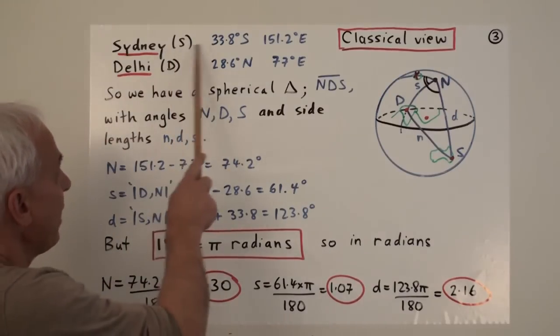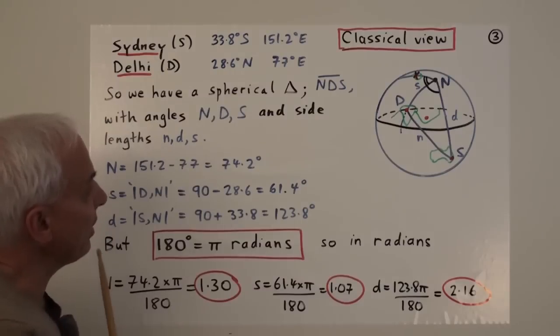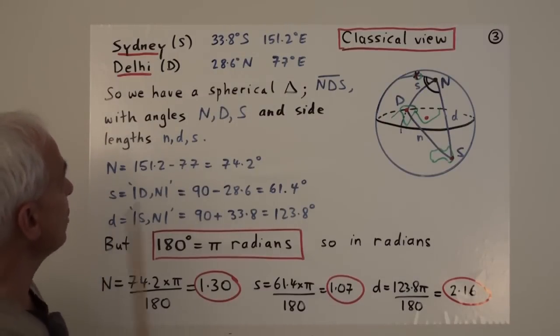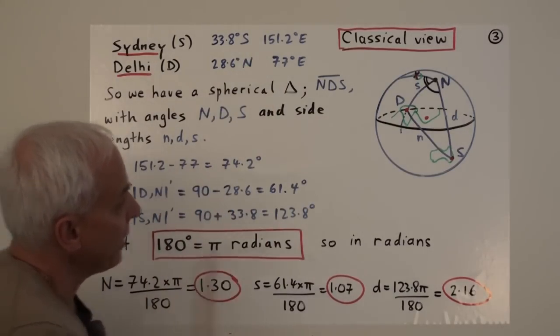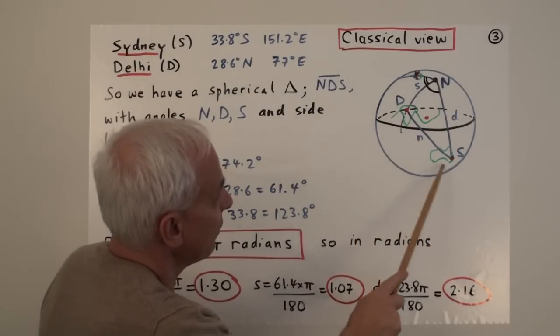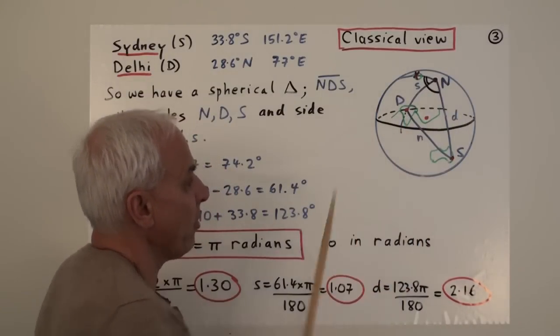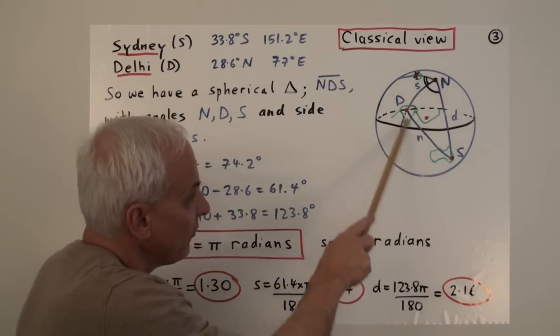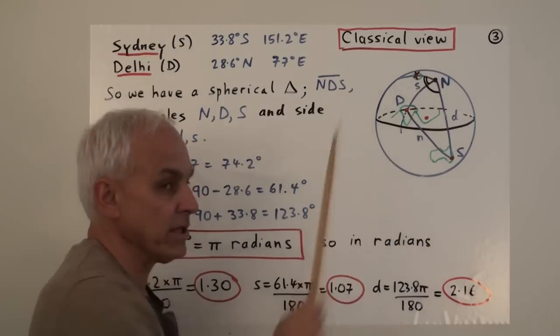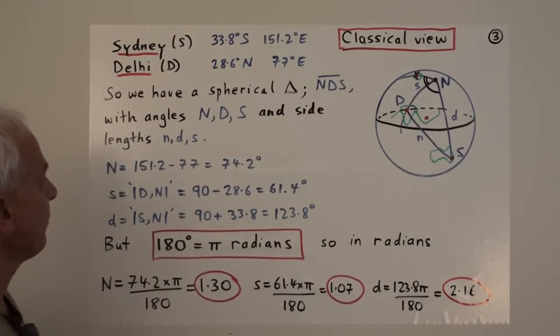So here is Sydney again. Here are the coordinates of Sydney, latitude and longitude, and here is Delhi again. And here's our little picture of Australia down here and India right here, and we're going from Sydney to Delhi, and there's the North Pole. So we have this triangle, the spherical triangle consisting of 3 points on our sphere.